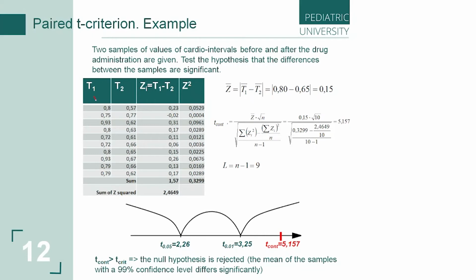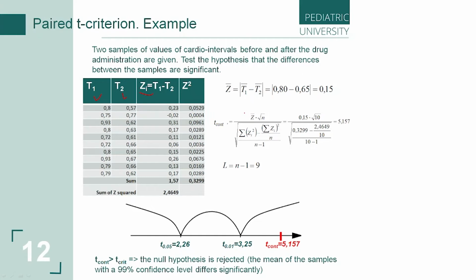in column 1 the first sample. Column 2 is the second sample, the numbers from the second sample. We count the T1 minus T2 differences, according to our formula.